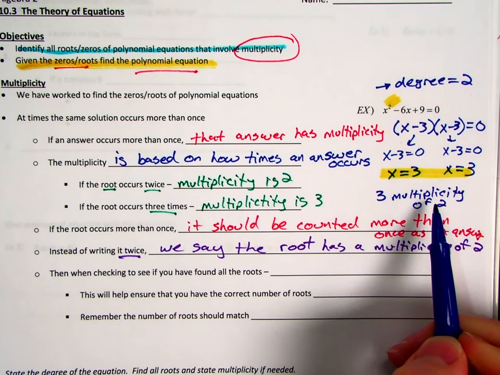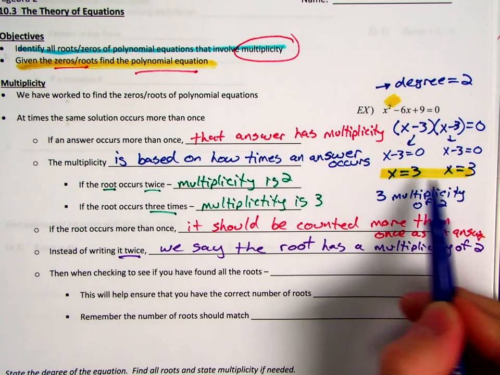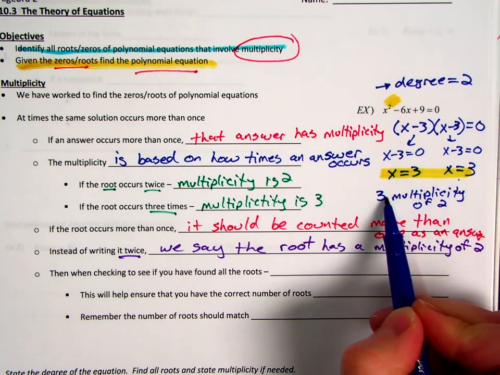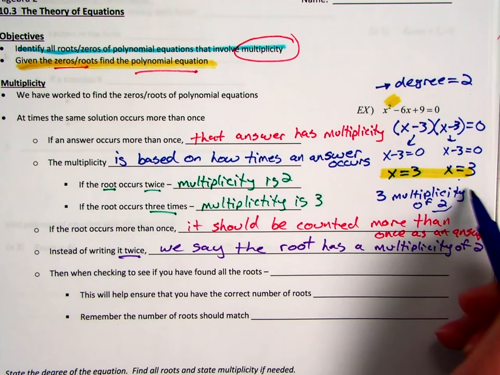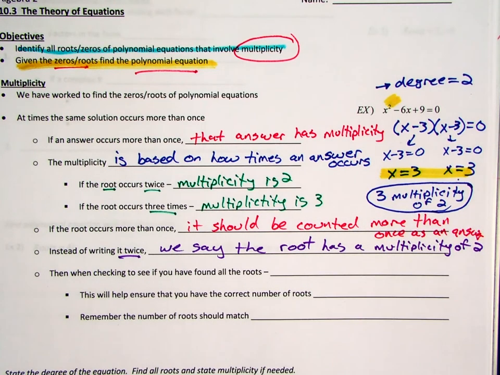And I know I've found all my answers because I needed 2 solutions, and my 2 solutions were 3 and 3. So since 3 happened twice, that multiplicity of 2 tells me that I found my 2 answers. And that's what I really mean by that.